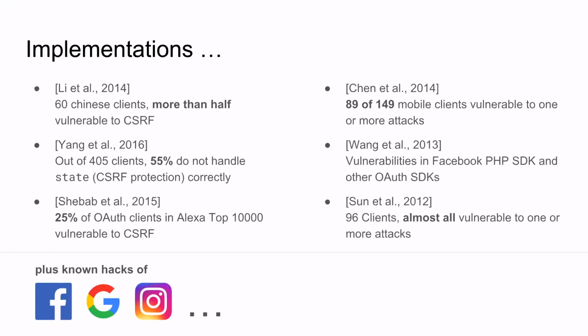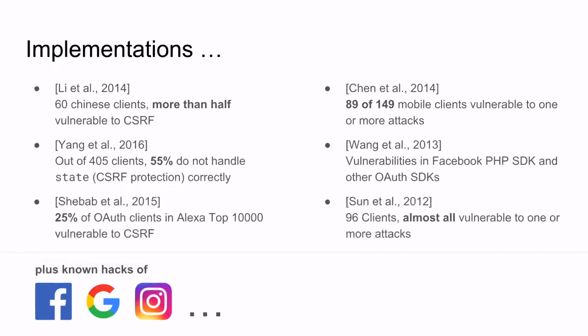For example, we see many implementations that don't properly protect against cross-site request forgery. Even among the OAuth clients in the Alexa top 10,000 websites, 25% of them don't manage to prevent cross-site request forgery properly, which is a lot.